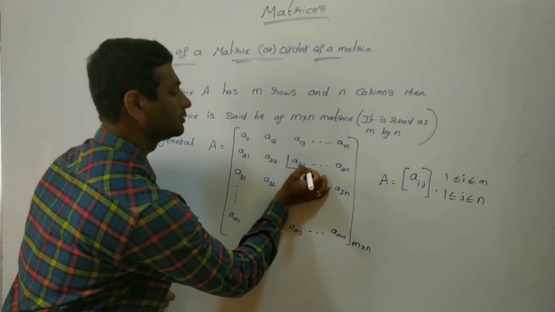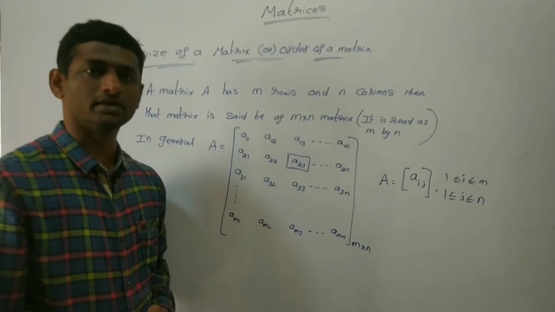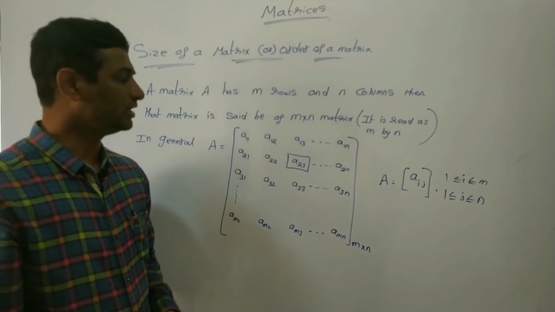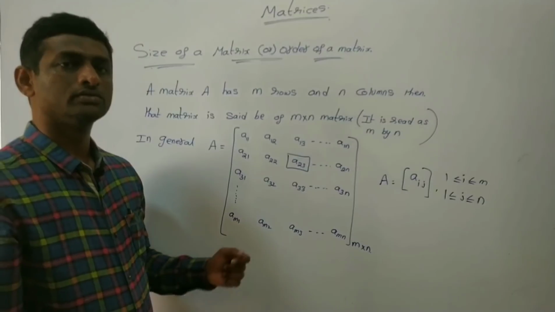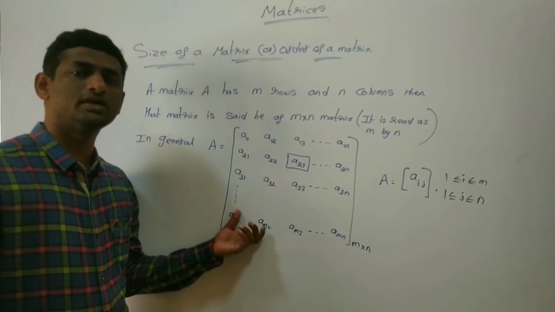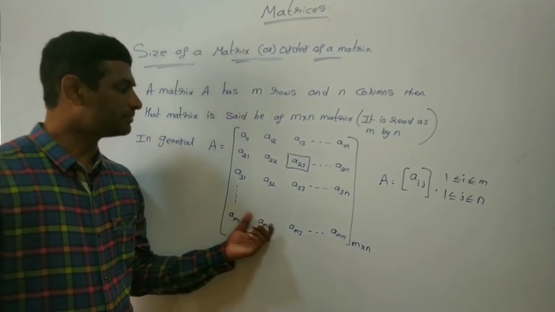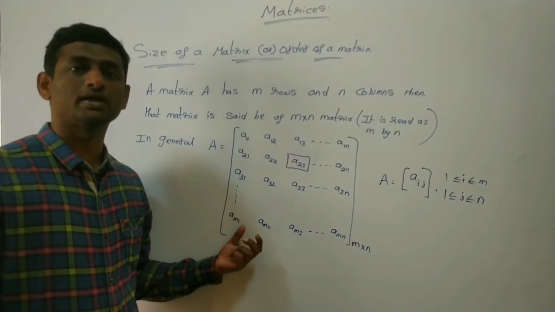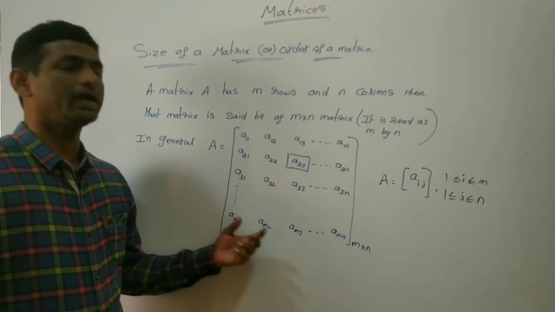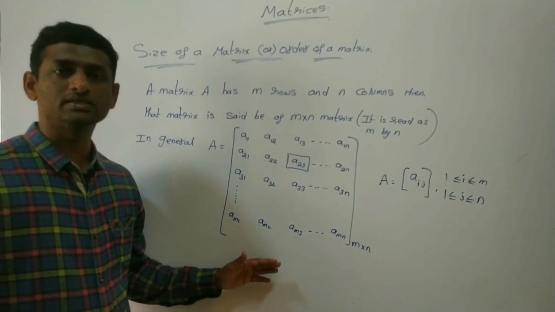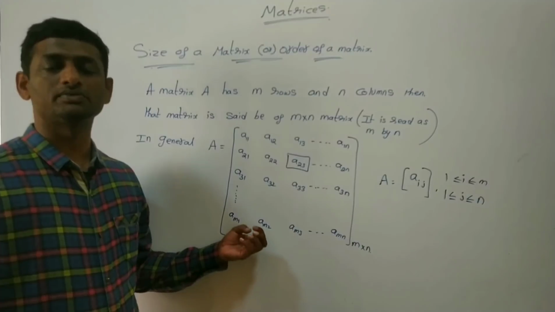So this will be the position of the element. Like this we can have a unique position for different elements. So this is the general form of the matrix, which has m rows and n columns. We are saying rectangular matrix because m and n are different. If both are the same, like if length and breadth are the same, then it becomes a square.